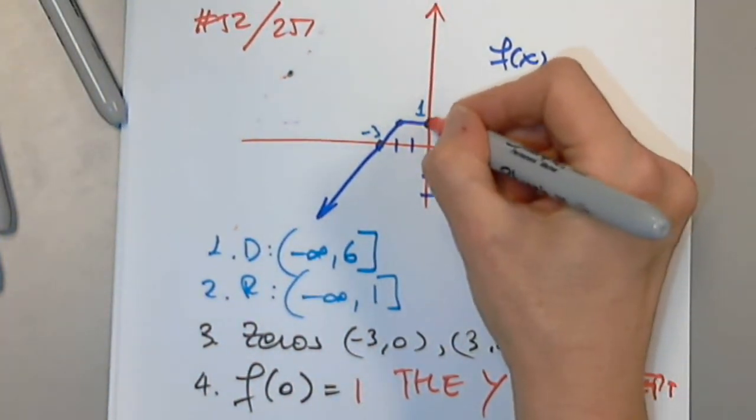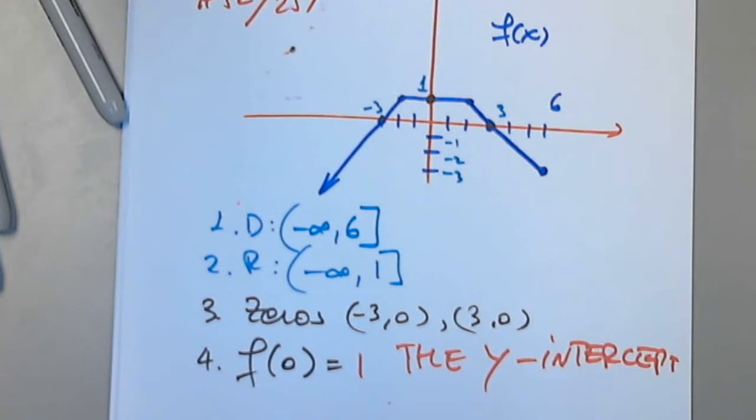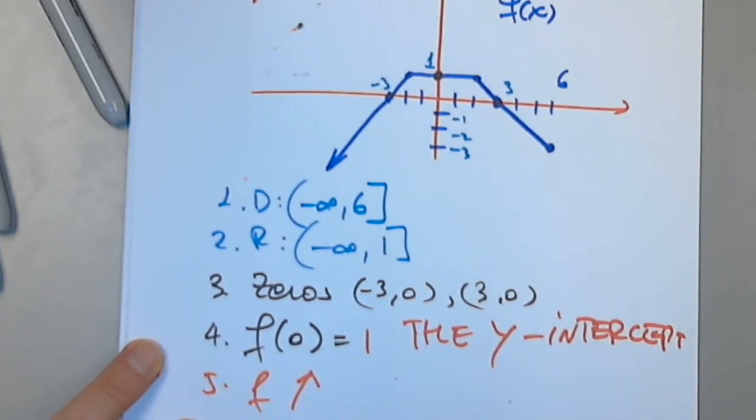Very good. You read from here. Awesome. Question number 5. Intervals on which f is increasing. F is increasing on, remember, not from what value to what value, but where is the trend?